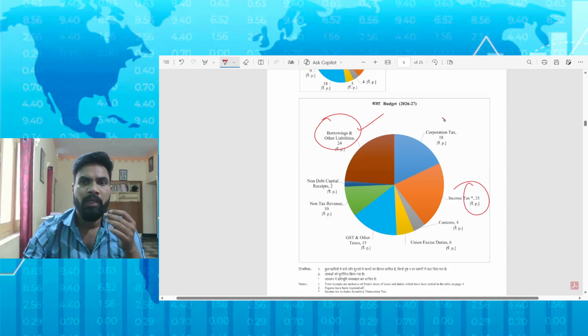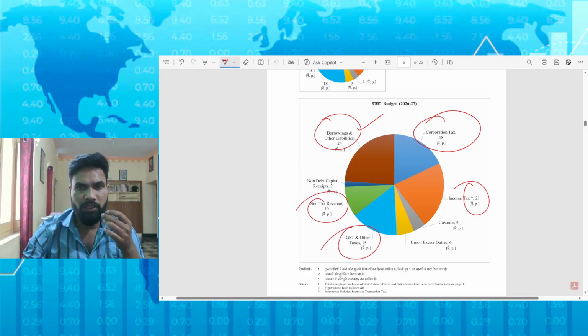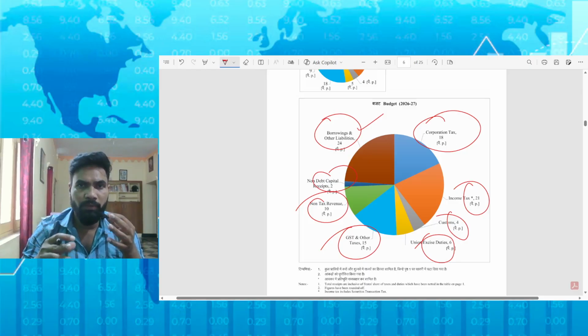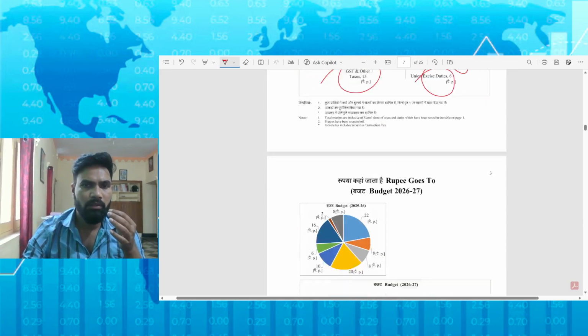The third in line is corporation tax, 18%. Then comes GST and other taxes, 15%. Then non-tax revenue, its share is 10%. Then union excise duties, 6%. Customs duties, 4%. Then non-debt capital receipts, 2%. Broadly, this is how the rupee is coming to the government.